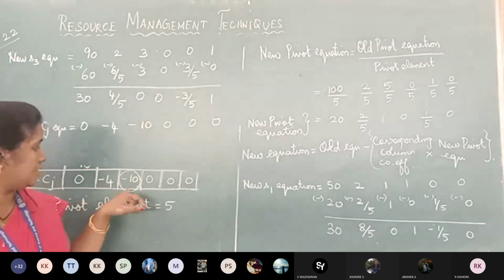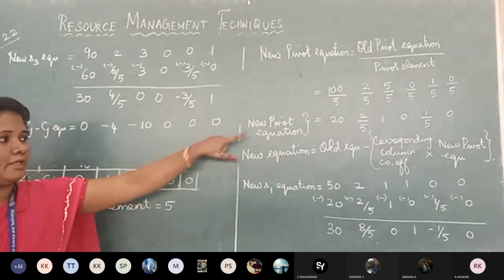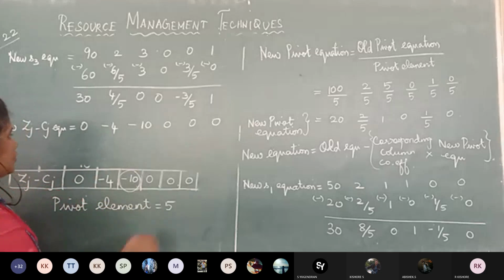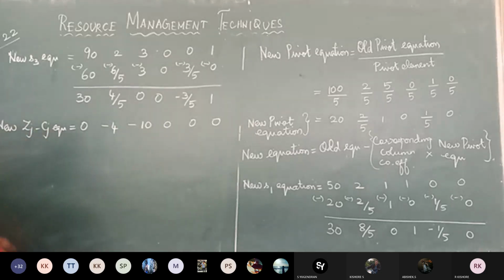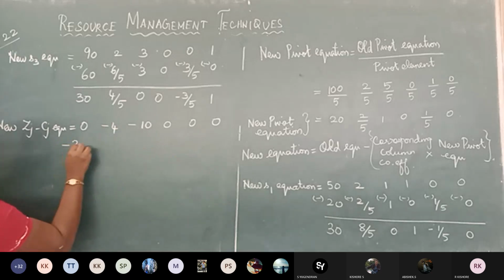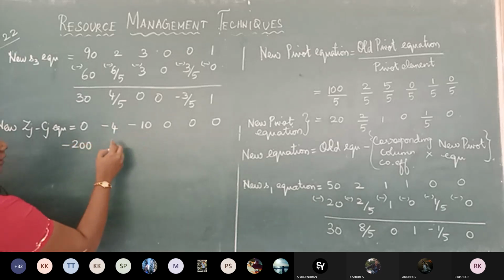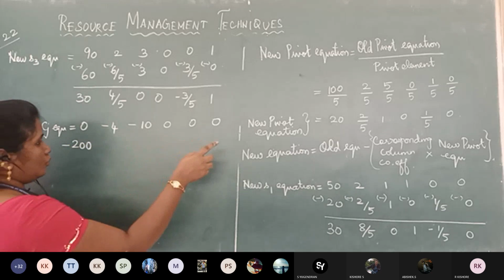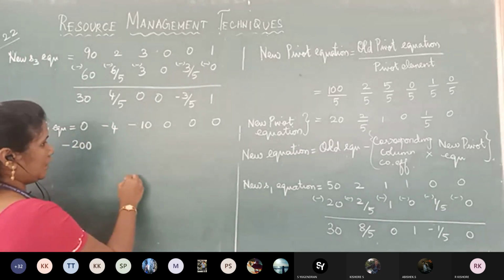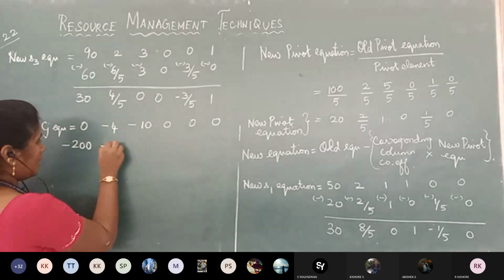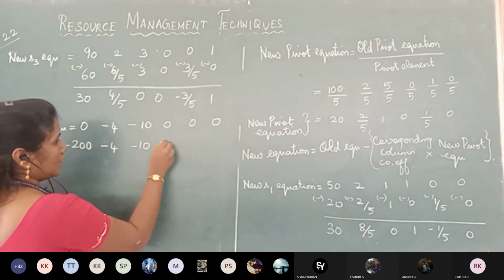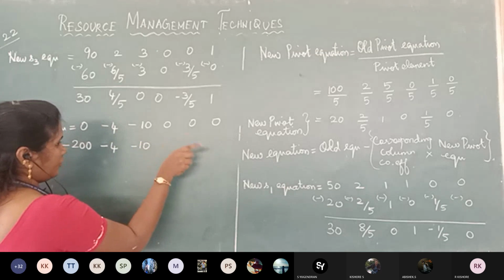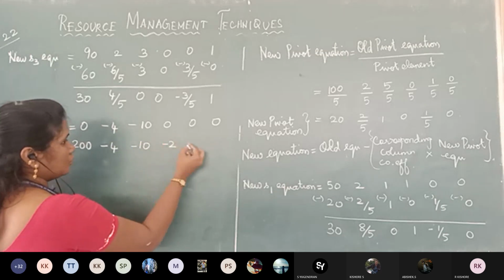Here your column coefficient is minus 10. You multiply it with your new pivot equation. So you'll have minus 200, minus 10 into 2 is minus 20 by 5, which becomes minus 4, minus 10, minus 10 by 5, which becomes minus 2.